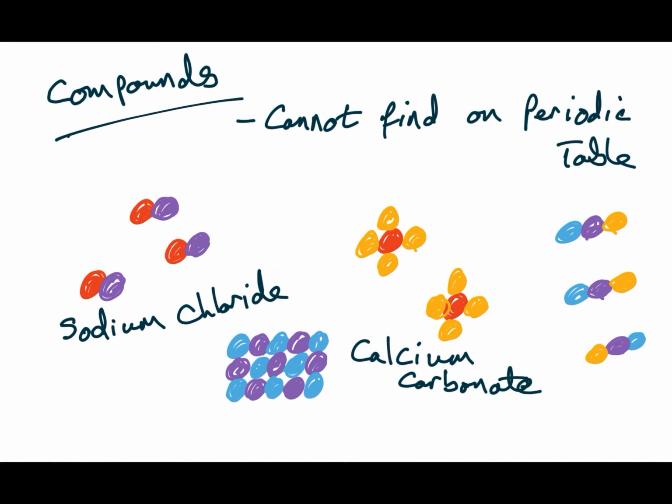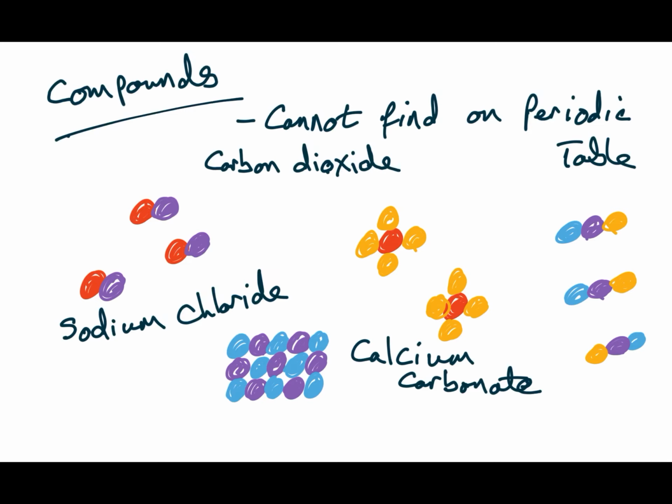Okay, so things like carbon dioxide as well. That's another example. All of these different examples that we've got here of compounds, they've got two words in them. So these two words usually tell us the elements that are involved.